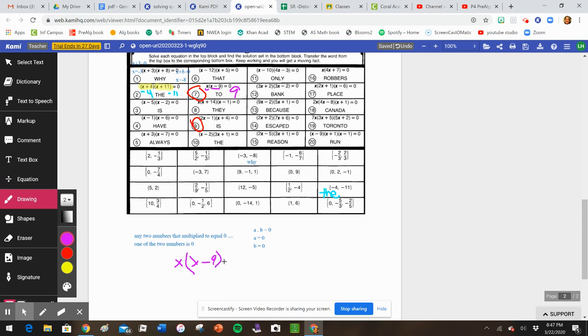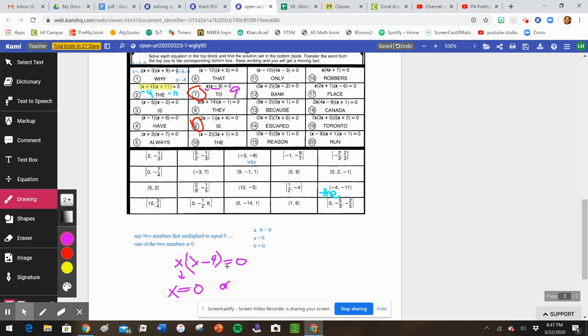I'm not real good at this drawing tool. I wonder if you guys are going to be any better at it than I am. But that's what that means. So x equals 0. If you plugged in a 0, 0 times 0 minus 9, which is negative 9, is going to give you a 0.